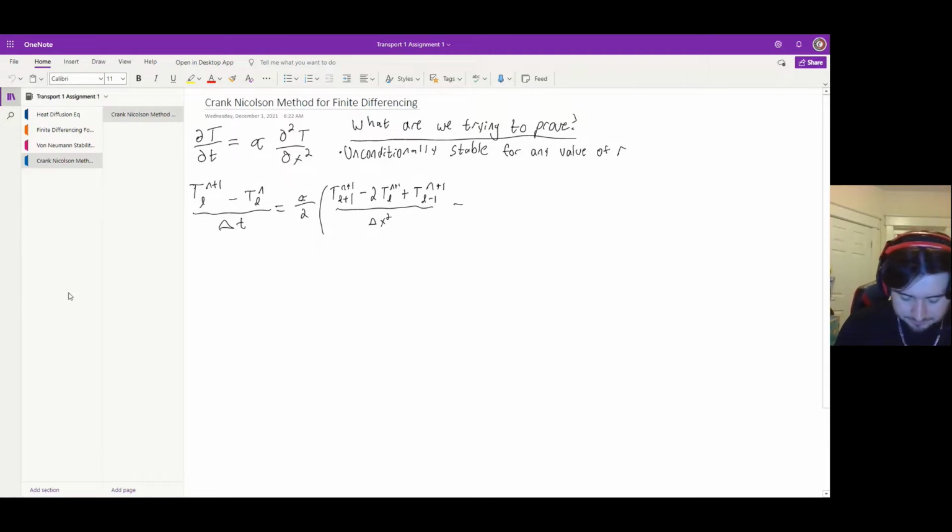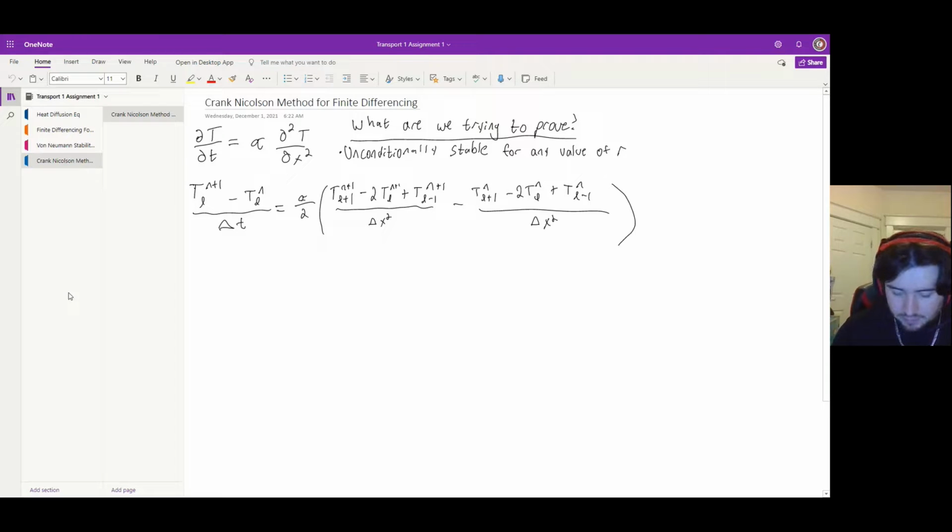That's minus temperature of the block to the right at the current timestamp minus 2 times the temperature of the current block at the current timestamp plus temperature of the block to the left at the current timestamp, over change in position squared.